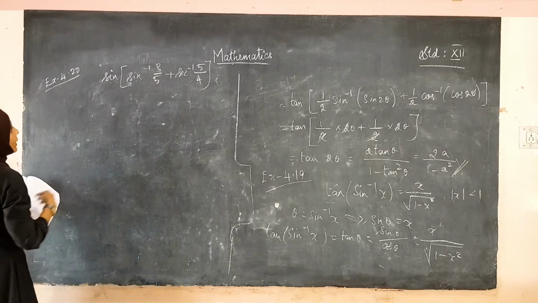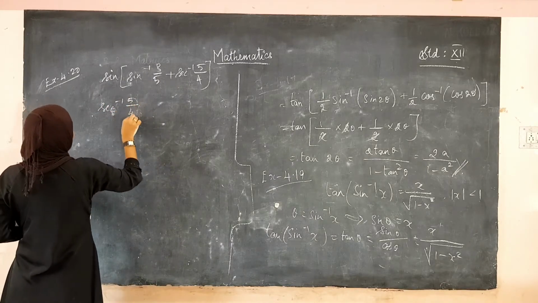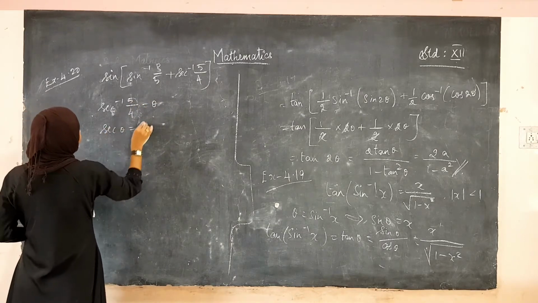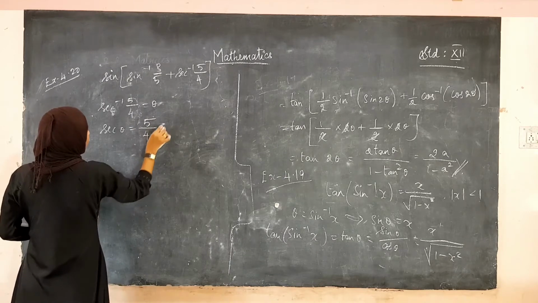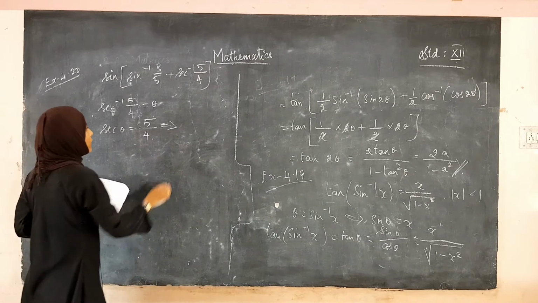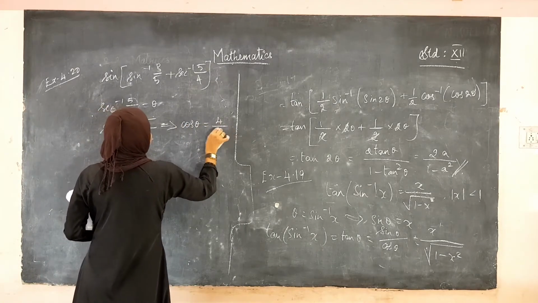See here, now let us take this as theta, that is secant inverse of 5 by 4 is equal to theta. Then what happens? Secant theta is equal to 5 divided by 4. On reciprocaling, 1 by secant theta is equal to cos theta. Therefore, cos theta is equal to 4 divided by 5.